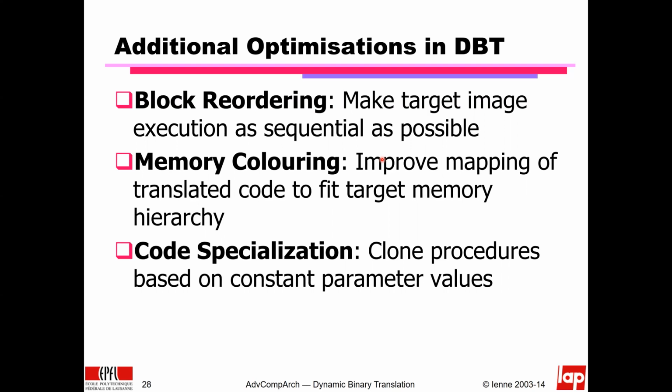One of the things that the papers, particularly the ones by IBM, discuss is that there are a number of optimizations that are beyond what you can do in a normal compiler, right?